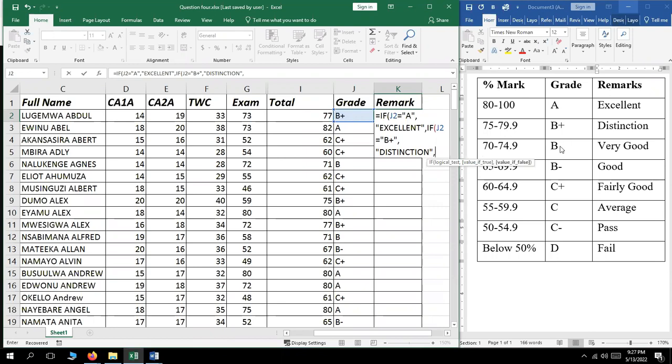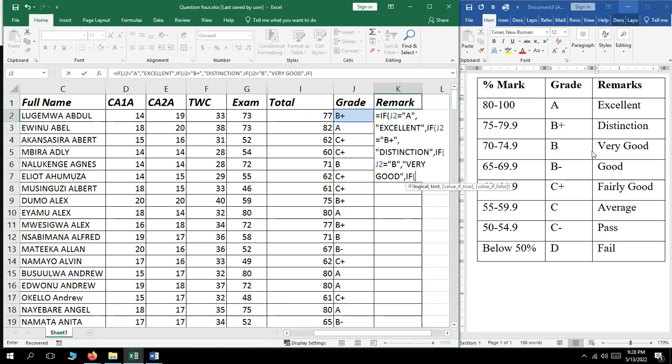We are moving on to B. IF, open brackets, J2 equals, this time around we are under B. We open quotes, type the B we want, close quotes, put a comma, open quotes for the output, type very good, close the quotes, and put a comma. We repeat our IF, open brackets.